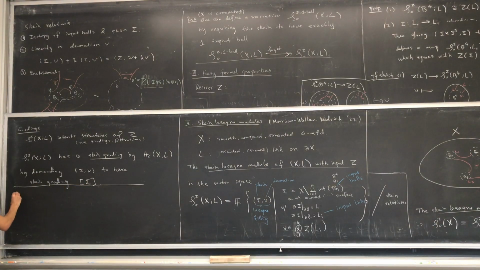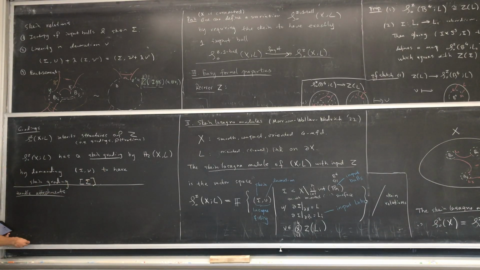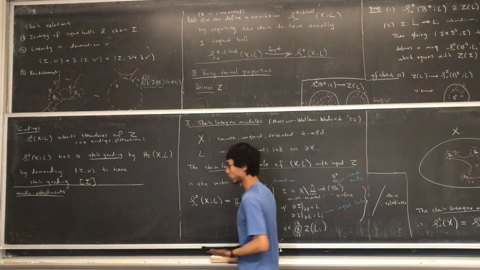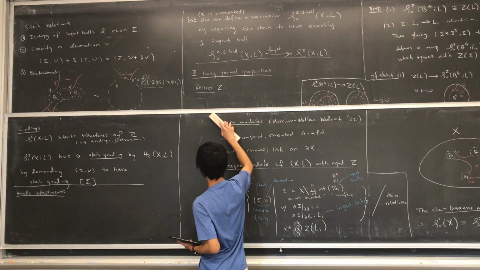I want to say also some words about handle attachments. This is also some form of gluing. But I guess maybe I need to start with some topological background about how one usually thinks about four-manifolds.